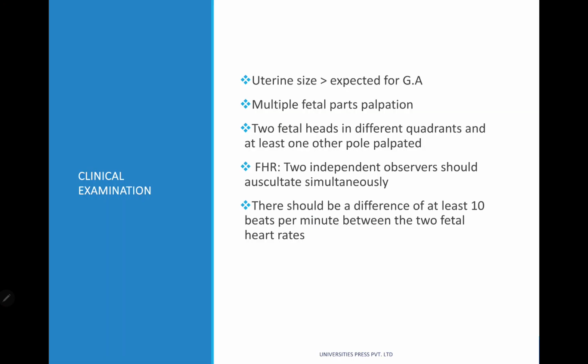So now after history, let's move on to the clinical examination. In clinical examination, in case of multiple pregnancy, what all can you see? First, the uterine size is going to be more than that of the expected gestational age.